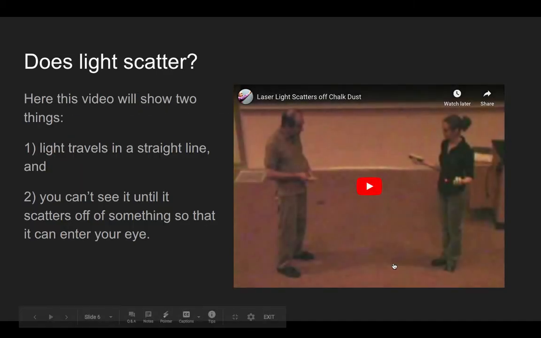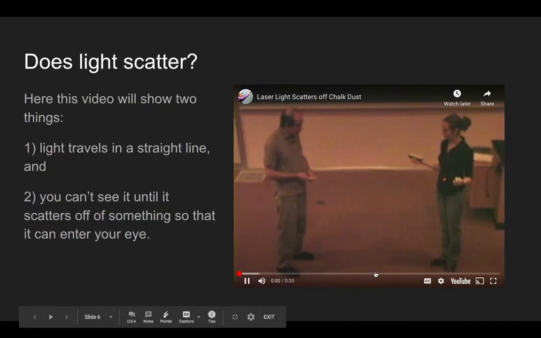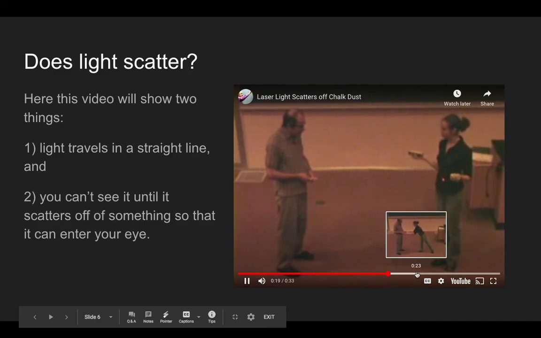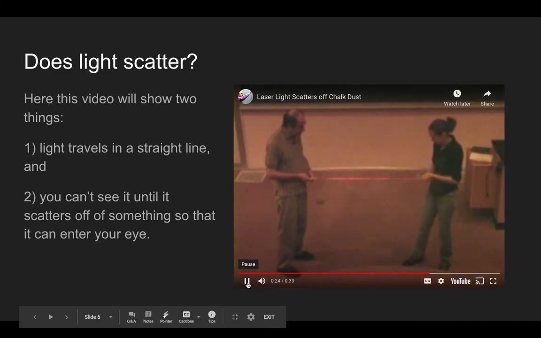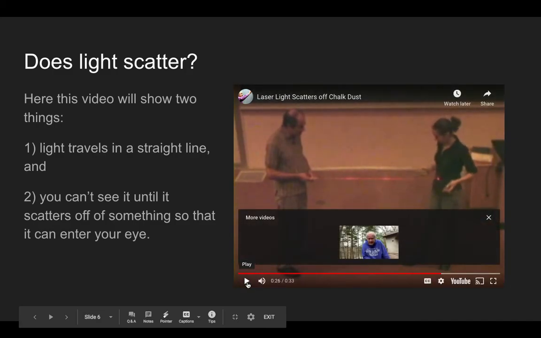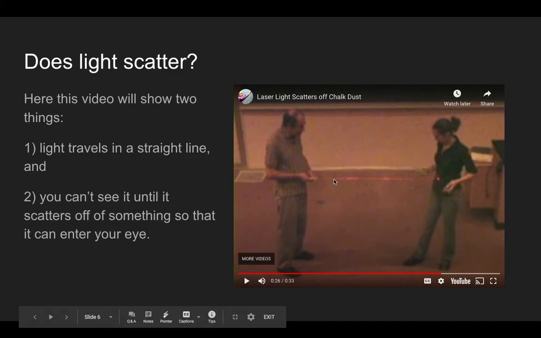Whoops. Let me get back to that spot. In the path, it now scatters from the chalk dust, and you can see the beam. So what he means is that now that there's dust in the air, the laser beam can hit particles that are floating around in the air, the chalk particles, and they bounce off.